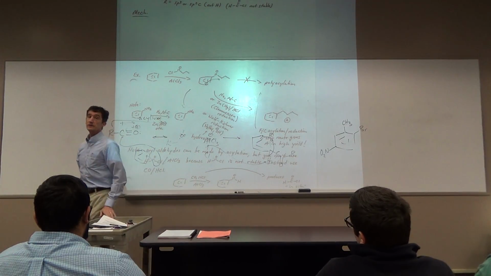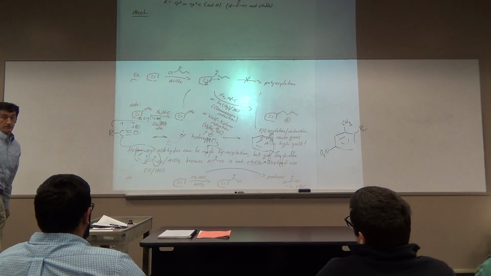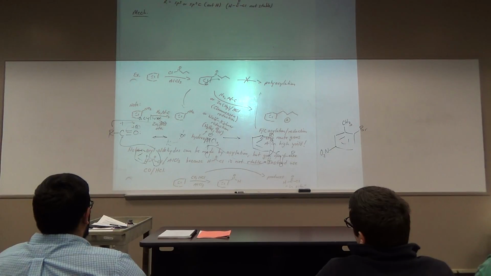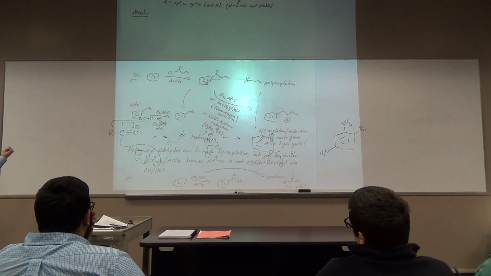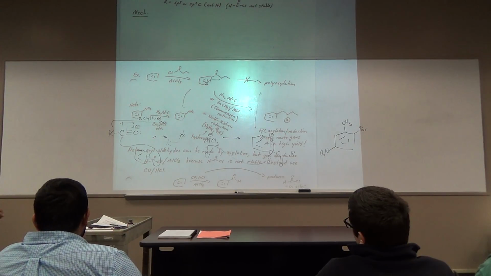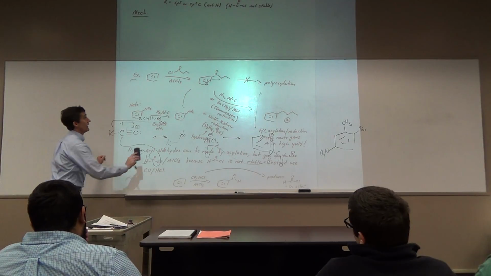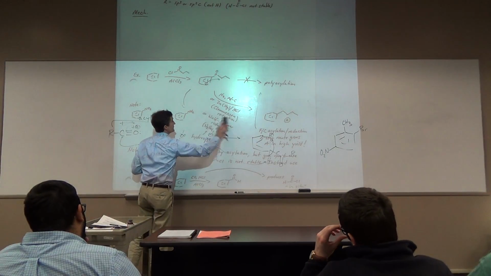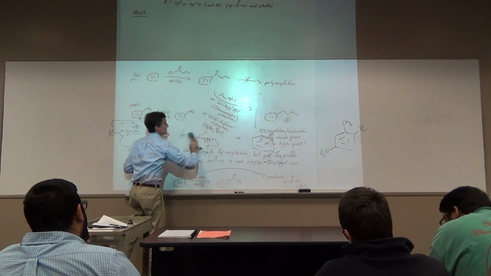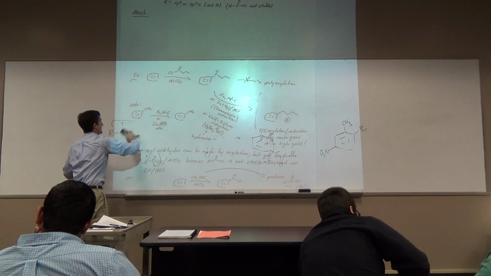And the two-step route is highly preferred if you want a good yield of A. If you do it directly, like on the previous page, it's going to be your minor product. So we acylate, then reduce. That is typically always preferred over a direct alkylation.